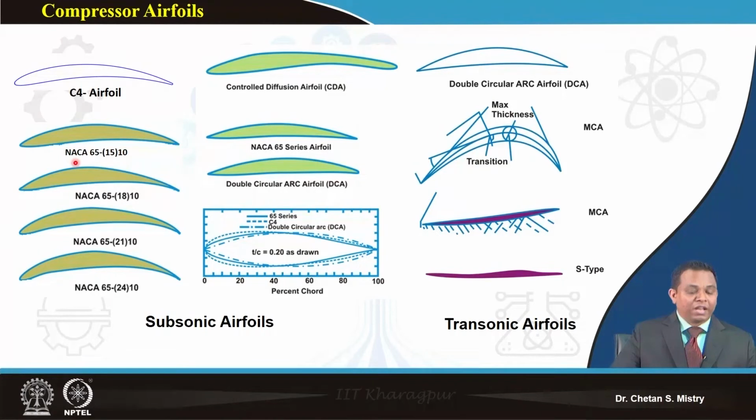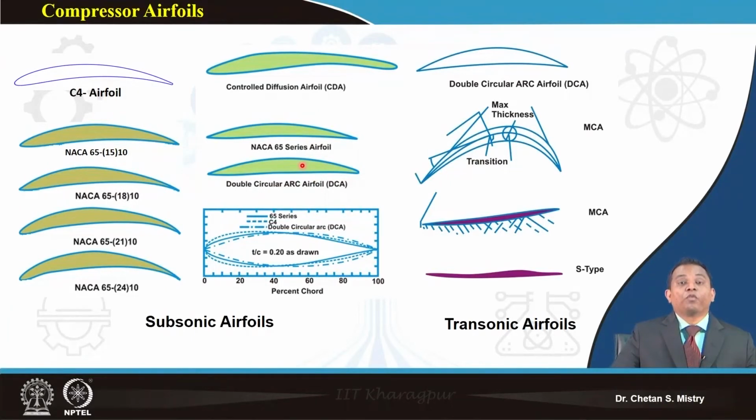This is the NACA 65 family, which was proposed by the Americans. This is a second kind of aerofoil, the double circular arc. I have one circular arc here and a second circular arc here. That's why it is called a double circular arc aerofoil.